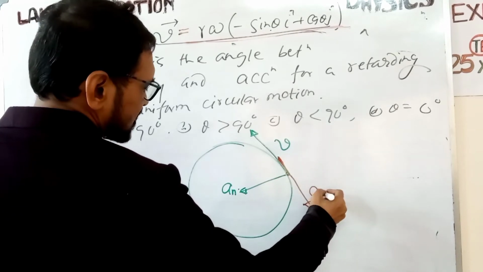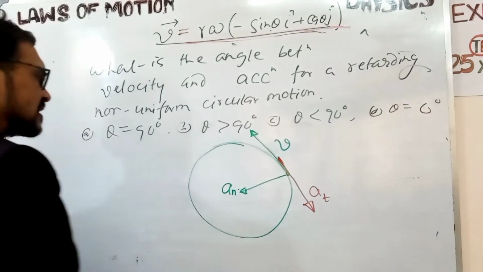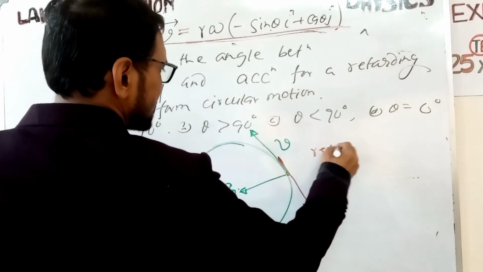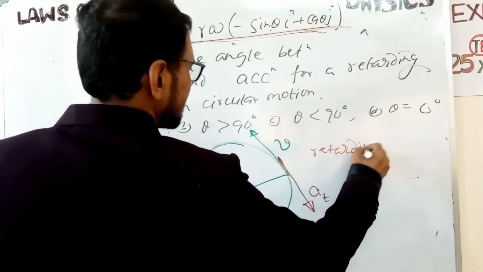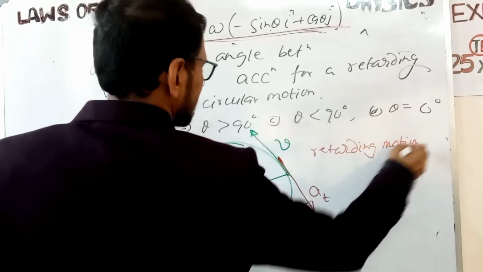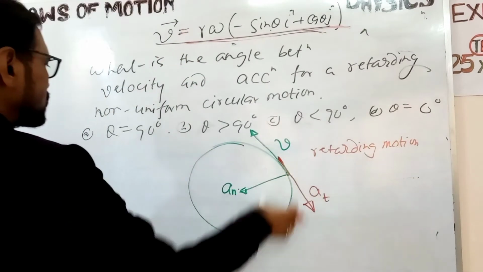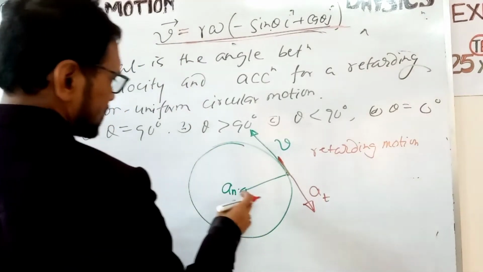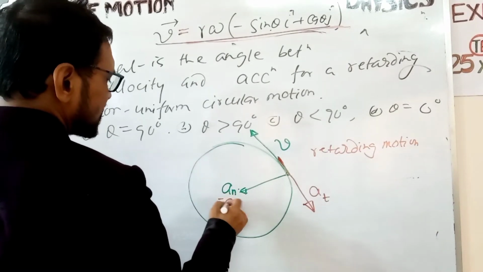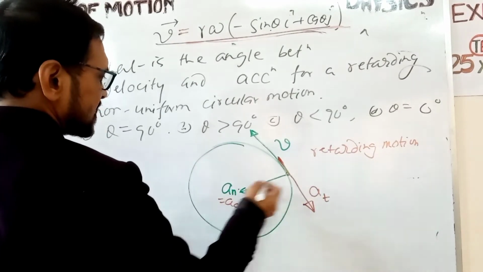This is the direction of the tangential acceleration. For a retarding body, the acceleration is opposite to velocity. So this is AC, this is AT.